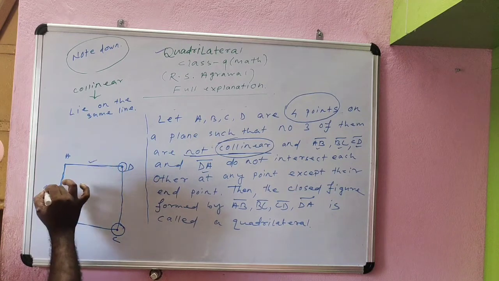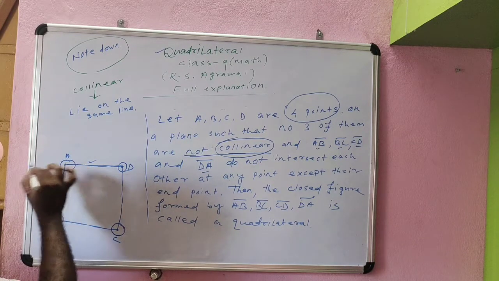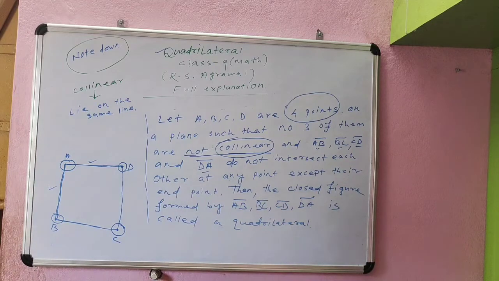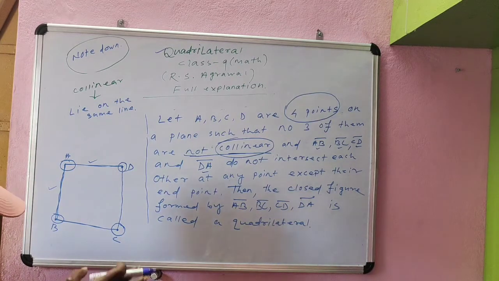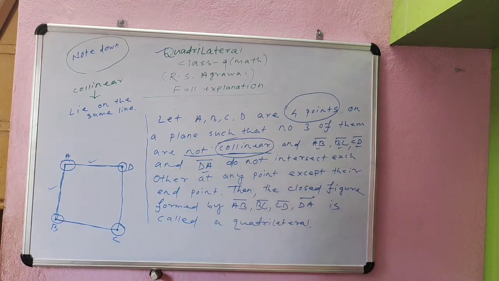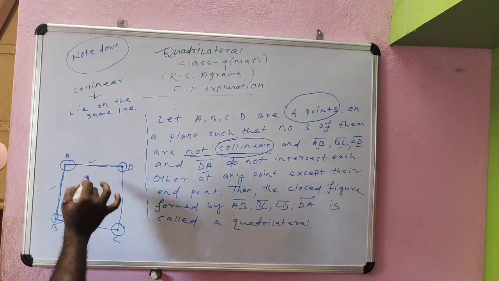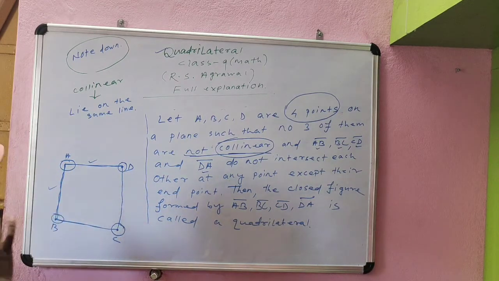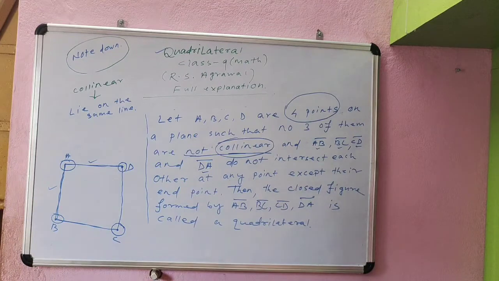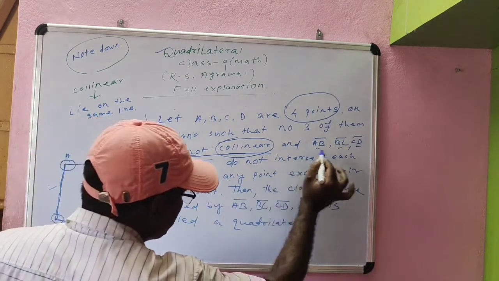These two line segments also intersect at their end point. Here we see that the 4 line segments do not intersect at any other point except their end point. So it is the second condition.